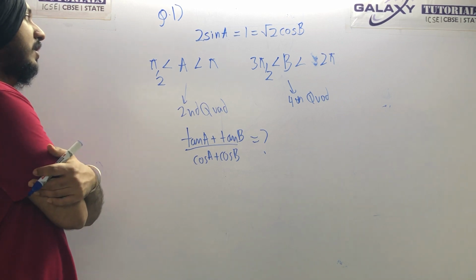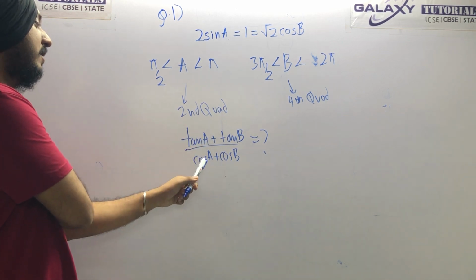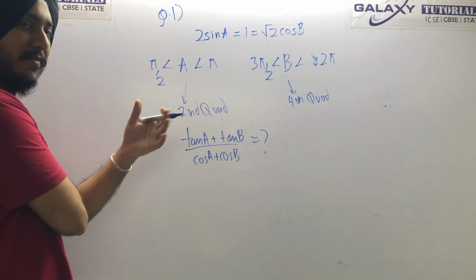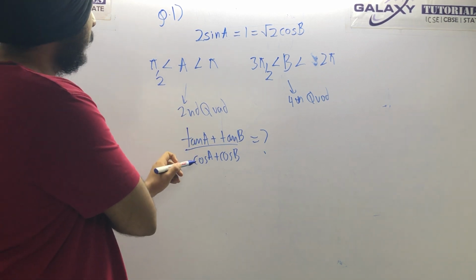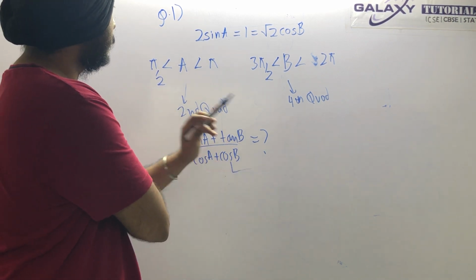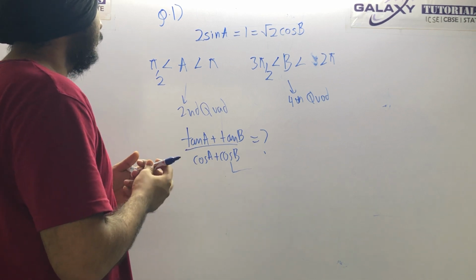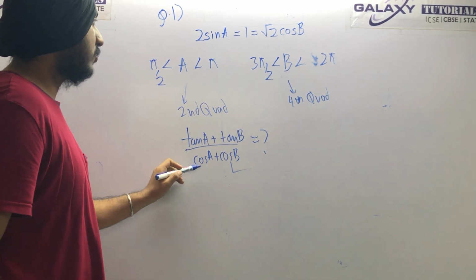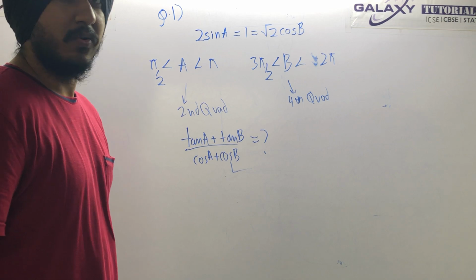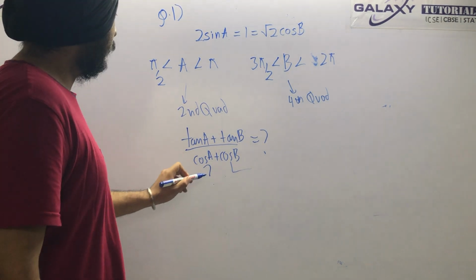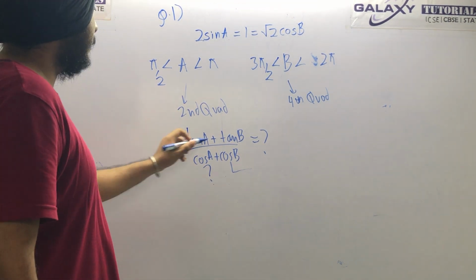See, first of all, they have written here tan a plus tan b upon cos a plus cos b. So let us see what all values we know. See, we know the value of cos b. Yes. Okay. Now other thing is cos a. Do you know the value of cos a? No, you don't know. You have to find out the value of cos a. Now tan a, tan b.